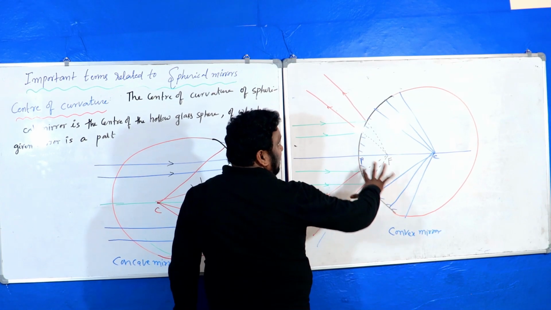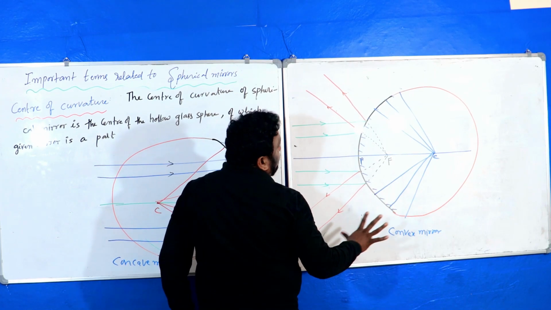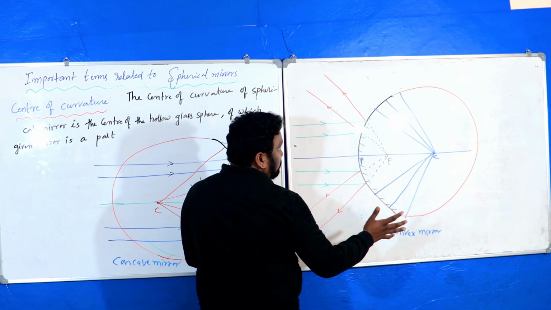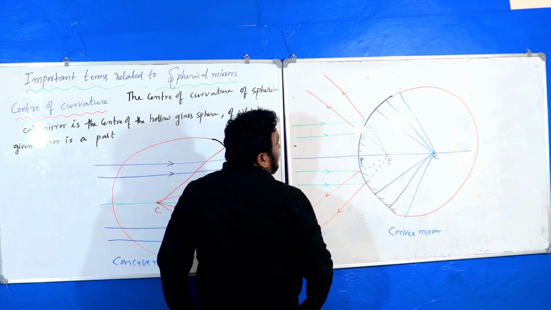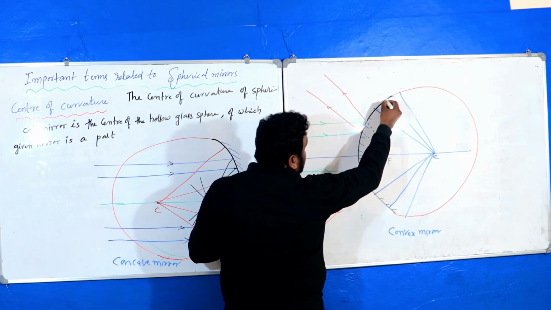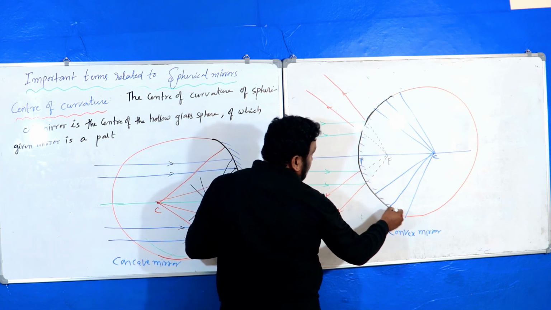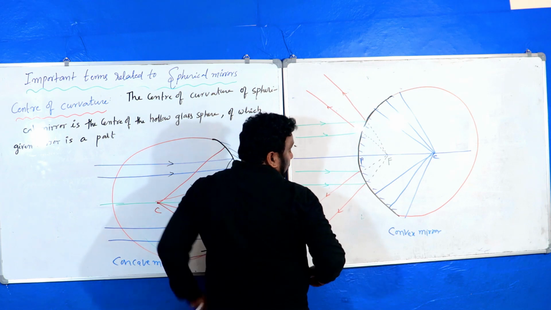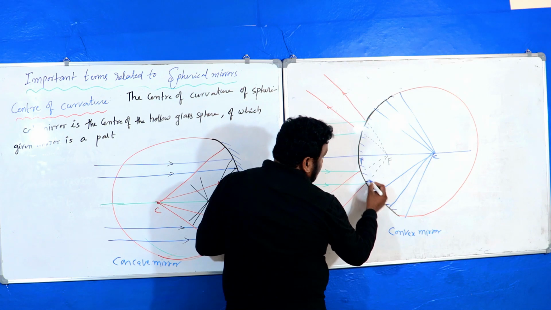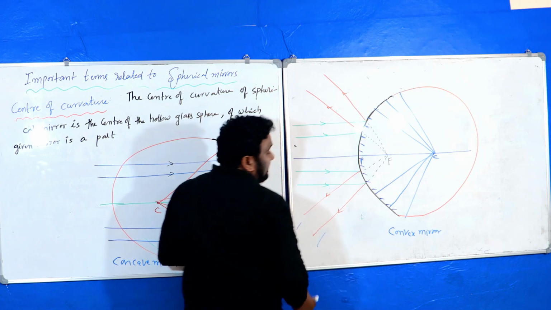To understand that, I have already drawn a diagram, so look very carefully. How can we define the center of curvature of a convex mirror? Let us see. What we are drawing with black color is the convex mirror. Here I am showing some dotted lines. Look here, there are dotted lines. It means that it is the non-reflecting surface.